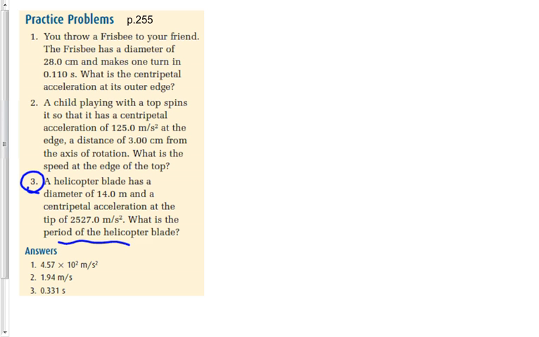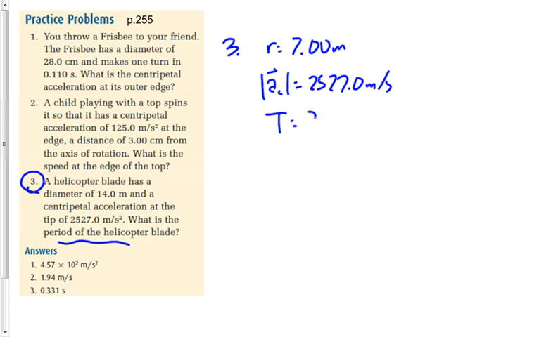Let's write down some givens here. For number 3, my diameter is 14 meters. That means my radius is what? 7 meters. Good. My acceleration, we're given as 2527.0 meters per second squared. We're looking for the period, big T, the time that it takes for one revolution. You can take a pretty good guess that this is going to be a really, really small number.